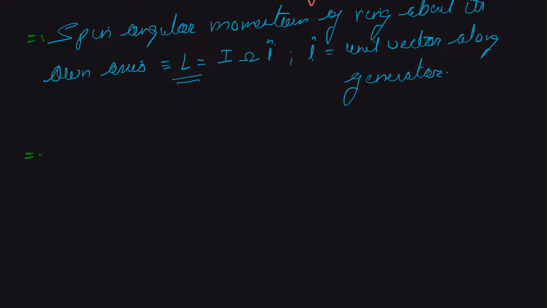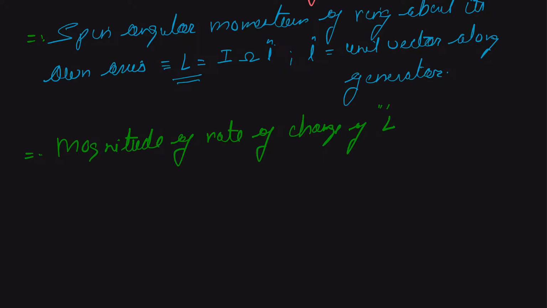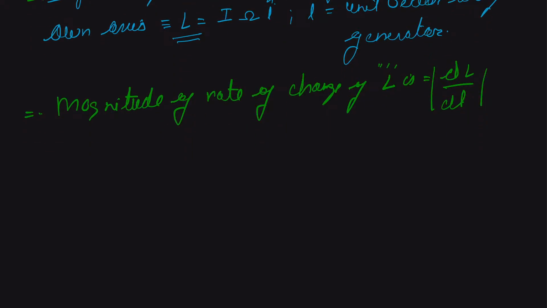We can say that magnitude of rate of change of L, and this will be nothing but dL upon dt, and we can write its formula, that is dL upon dt will be equal to L omega sine of theta.